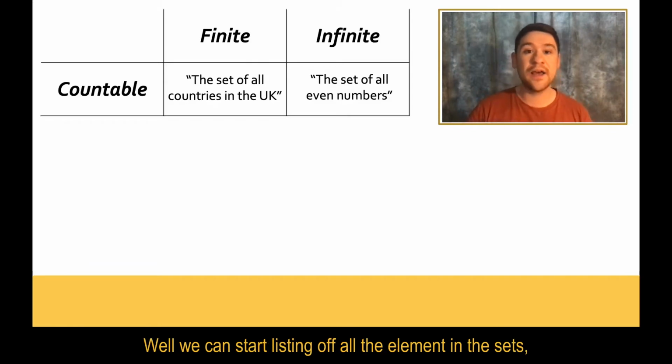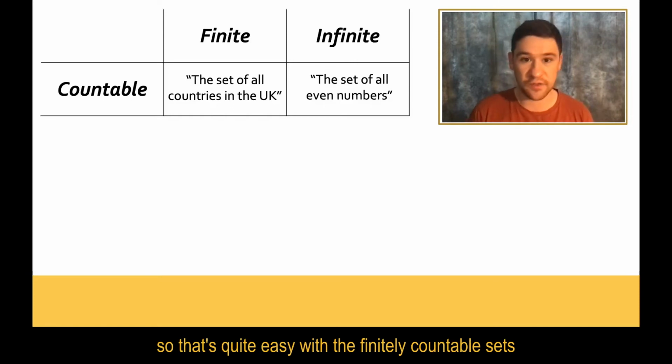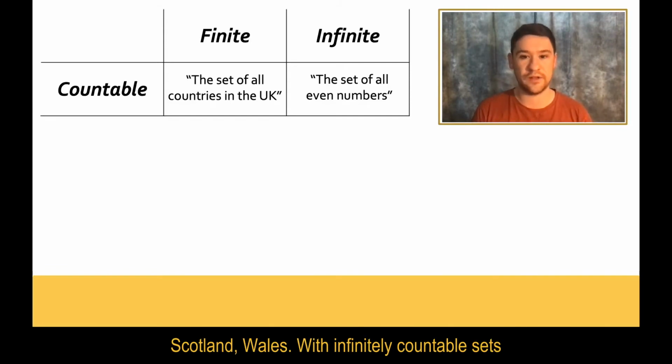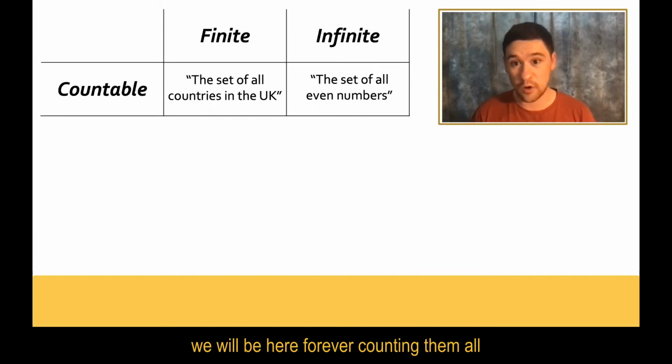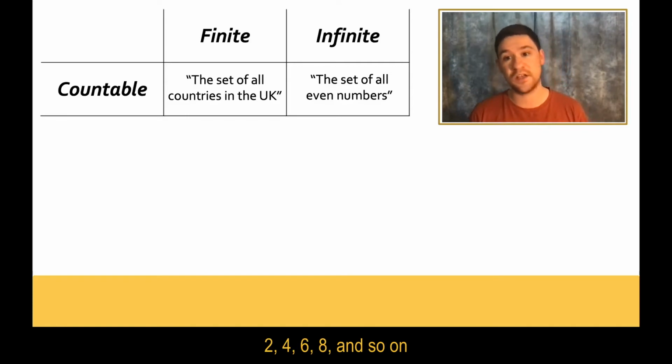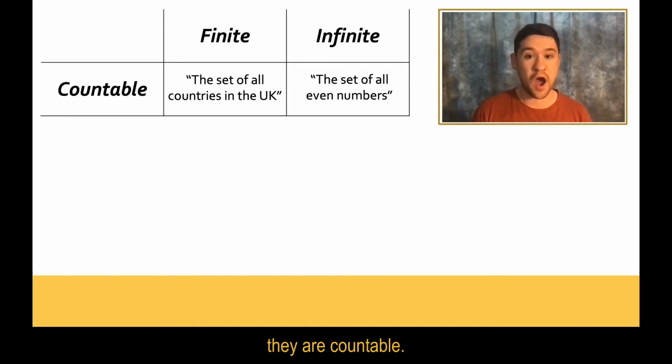Well, we can start listing off all the elements in these sets. That's quite easy with a finitely countable set. So England, Northern Ireland, Scotland, Wales. With infinitely countable sets, we will be here forever counting them all, but we can still start listing them off. We can say 2, 4, 6, 8, and so on. They are countable.